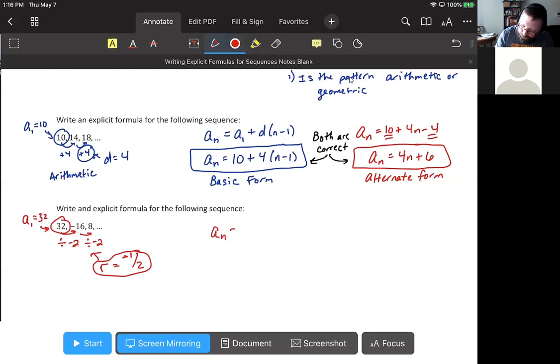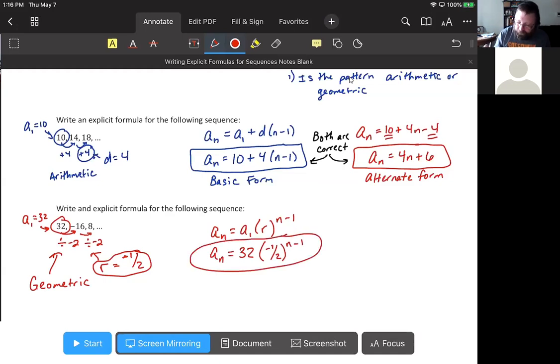And again, that is a geometric pattern, because it's based on multiplication or division. So we're going to plug into the geometric sequence equation. We plug in our R value and our a sub 1 value. That would be 32 times -1/2 to the n minus 1 power. That is the answer. We cannot simplify it. There's no alternative form for geometric. It's just that formula. So there's your first two examples.